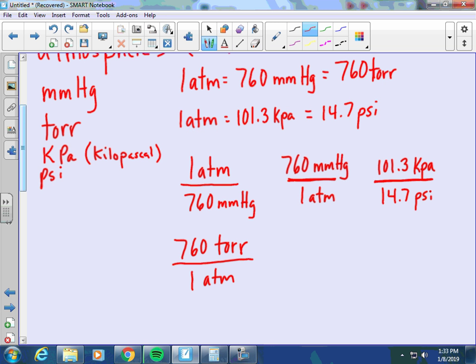These are called conversion factors because we can use them to convert from one unit to another. So if I wanted to do a conversion, take the exam review I gave you guys and look at number 25, letter A. 25A.